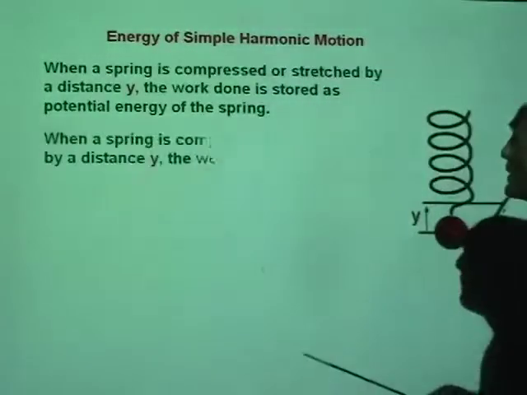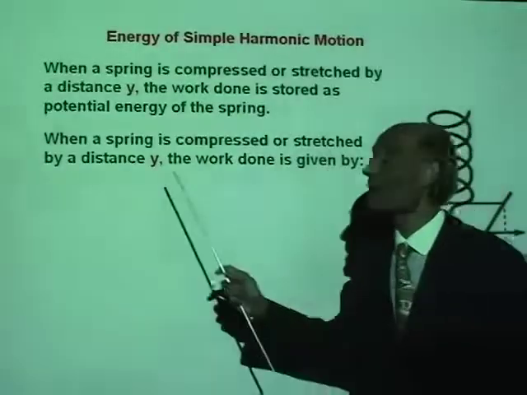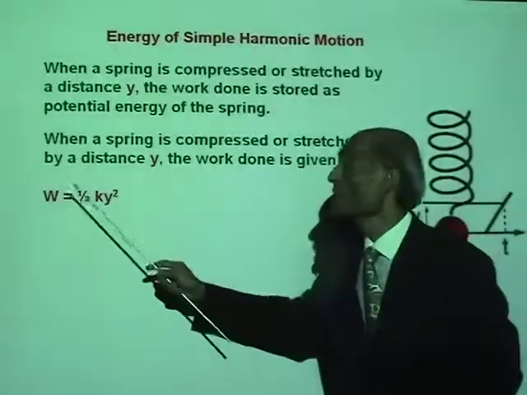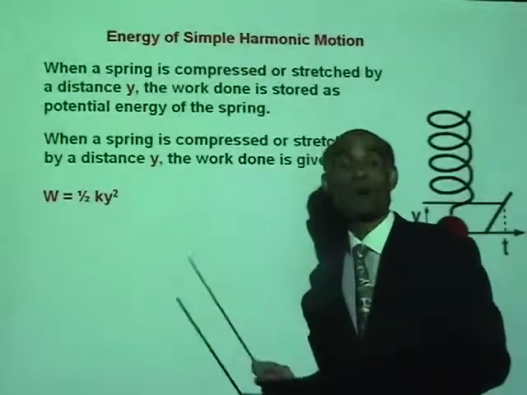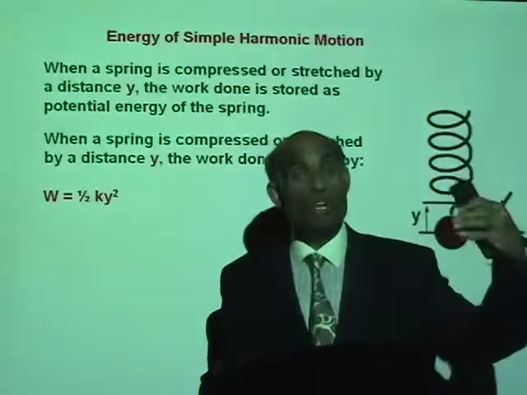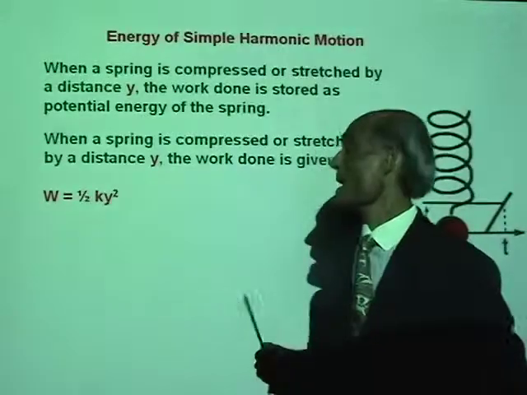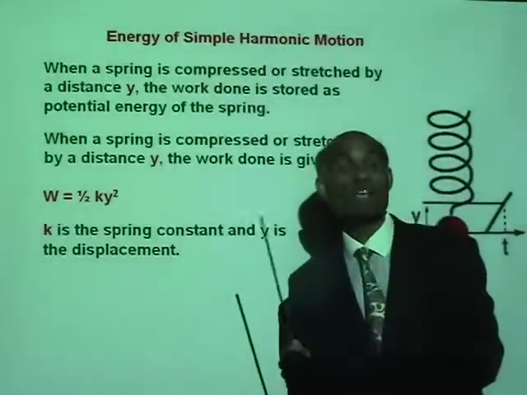You see? So, when a spring is compressed or stretched by a distance y, the work done is given by W equal to 1/2 k y squared. This is the equation we developed in Physics 1 using the method of calculus. Okay, k is the spring constant and y is the displacement.